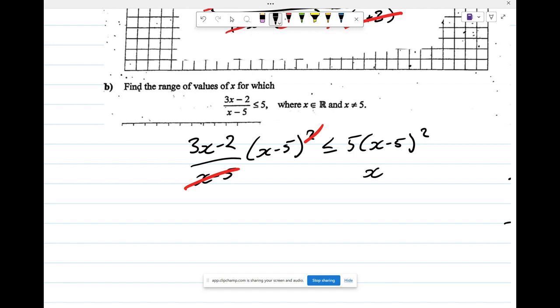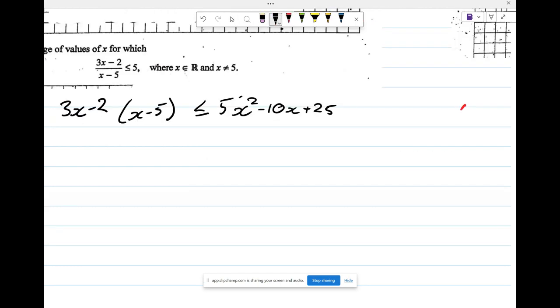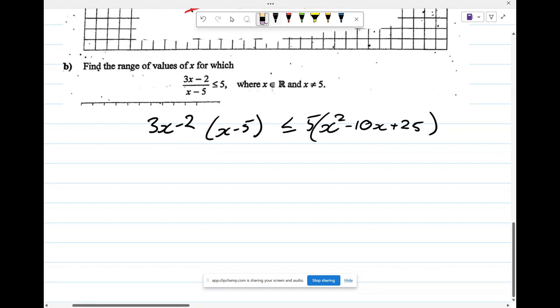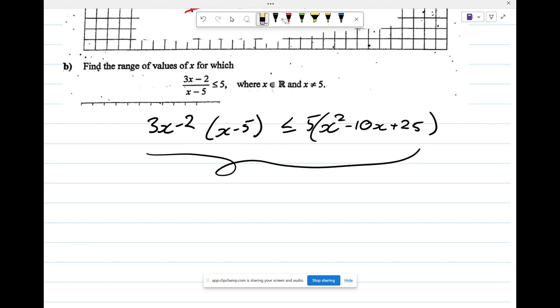So that's x squared minus 5x times 2 is minus 10x, and then plus 25. So we know that 3x minus 2 times x minus 5 is less than 5 times x squared minus 10x plus 25. And we're trying to find x in this situation.